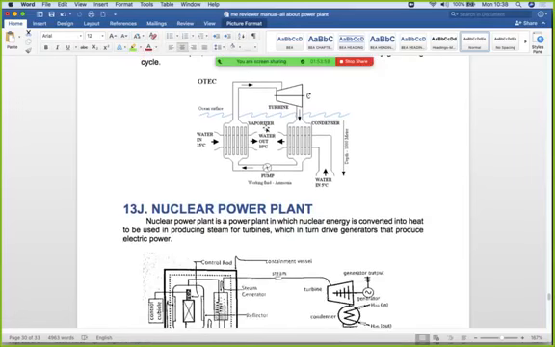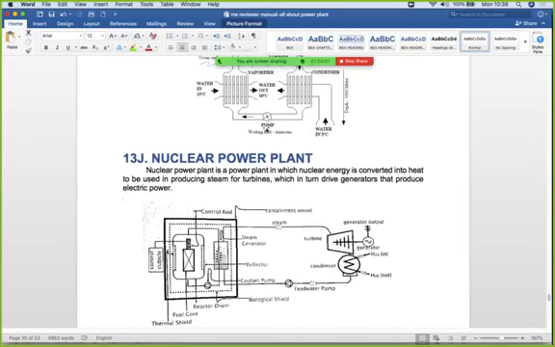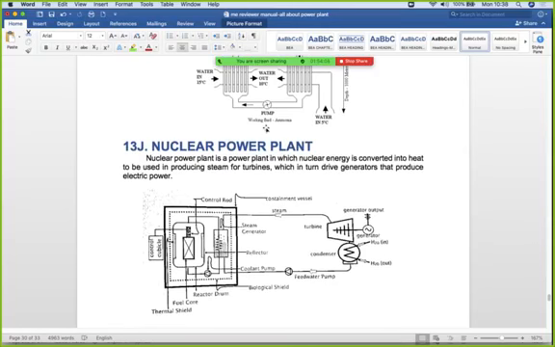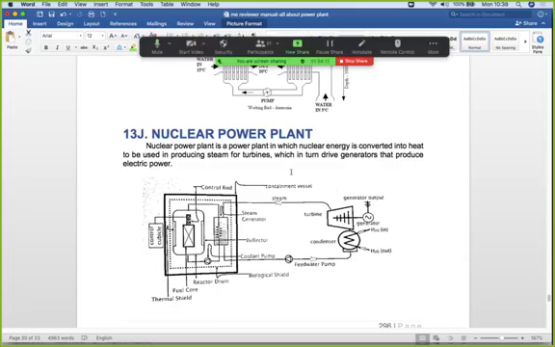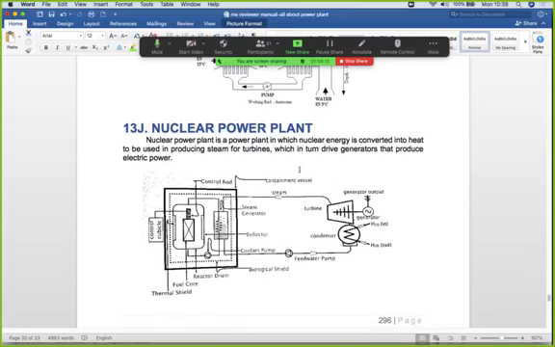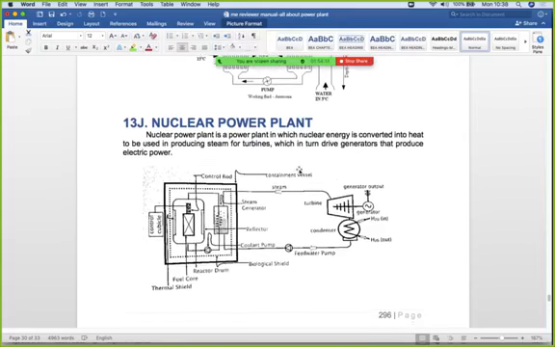We have the nuclear energy. That is now the current trend. If we put up a nuclear power plant, it is what we call a public issue, a matter of public interest. It stores nuclear energy converted into heat to be used in producing steam for the steam turbine.